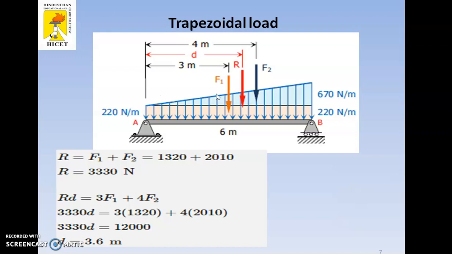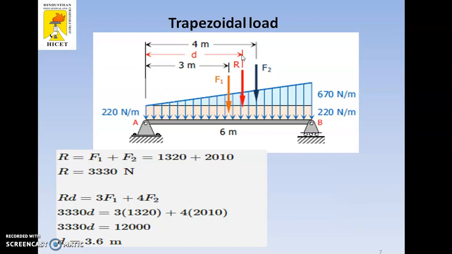Now this F1 and F2 both are converted into a point load. How? You take the moment again: R into D will be equal to 3 into F1 plus 4 into F2. So you have to calculate the total value, D is equal to 3.6.